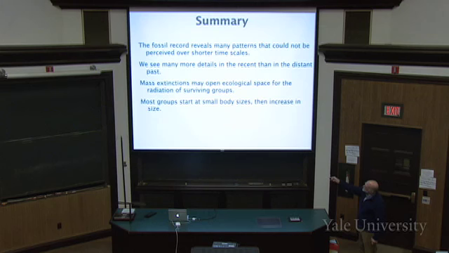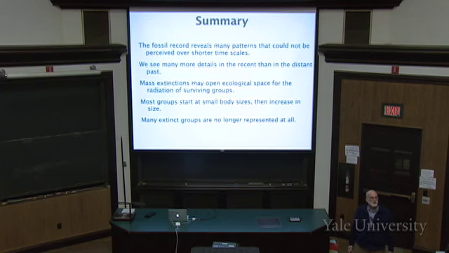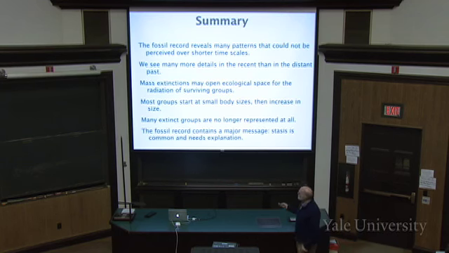Most things start small and get big, and there's a lot of stuff that's not on the planet at all anymore. There are no surviving descendants. So the fossil record has a take-home point that's actually a puzzle that can be attacked experimentally in part by people doing evolutionary developmental biology and phylogenetics, and that is, why is there stasis? It's common, and we don't have an explanation for it.